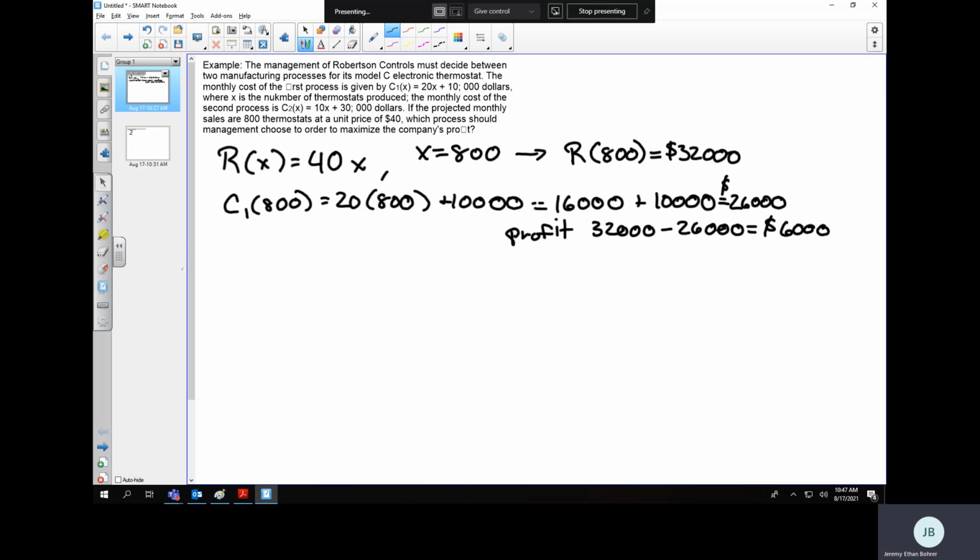For C2, the second process, C2 of 800 is 10 times 800 plus 30,000. Well, that's 8,000 plus 30,000, is 38,000.